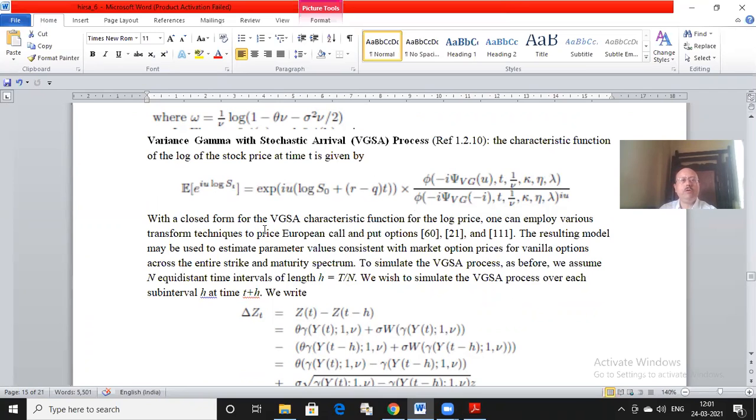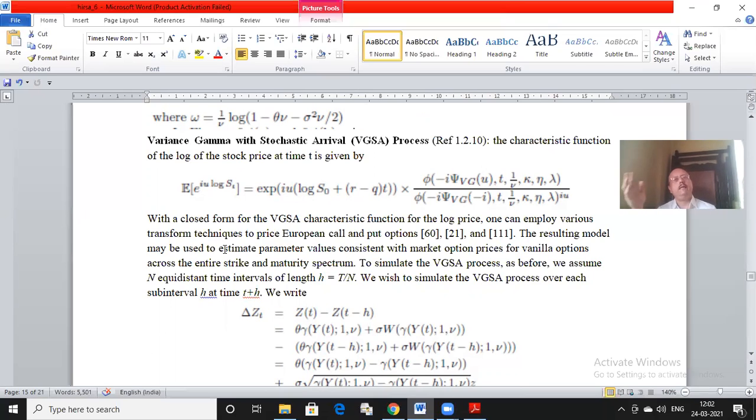Now with the closed form for the VGSA characteristic function for the log price, one can employ various transform techniques to price European call and put options. So for path independent options, it would not be straightforward, but analytically possible to find the prices because we know the characteristic function. The resulting model may be used to estimate parameter values consistent with market option prices for vanilla options.